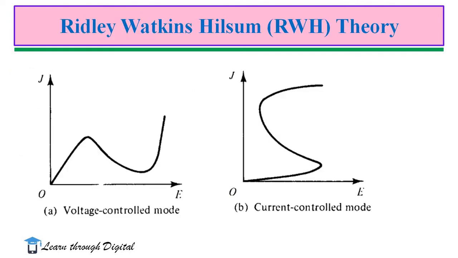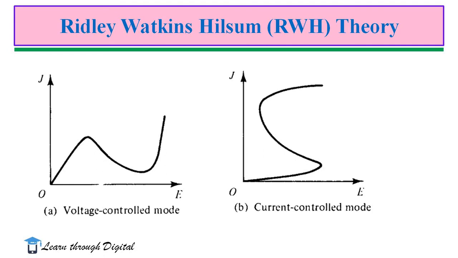Ridley, Watkins, Hilsum theory, RWH theory. RWH theory is the differential negative resistance developed in a bulk solid state III-V compound when either a voltage or a current is applied to the terminals of the sample. Generally, there are two modes of negative resistance device.